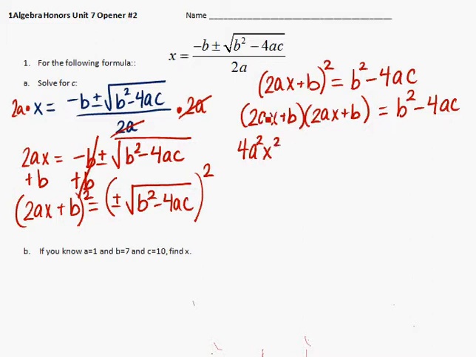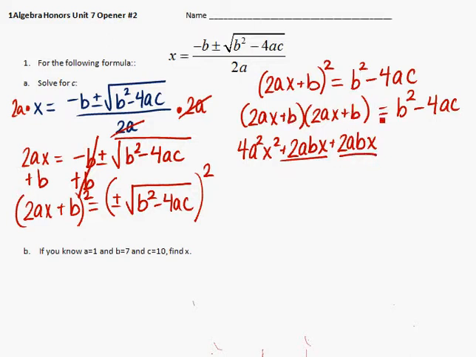Next, I have 2ax times b, which is 2abx. The order here doesn't really matter, but I'm writing it in alphabetical order so that if I come across a like term later, I'll make sure to notice it so I can combine the like terms. Next, I have b times 2ax, which again is 2abx. So there are some like terms, like what I was talking about.